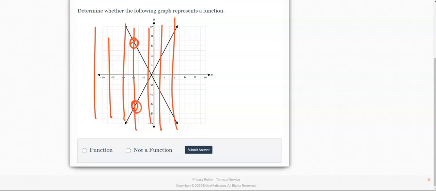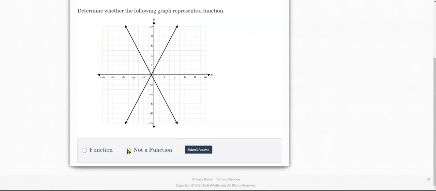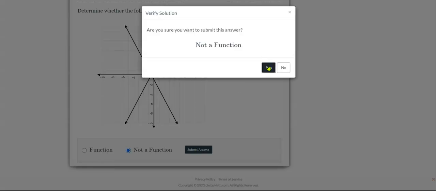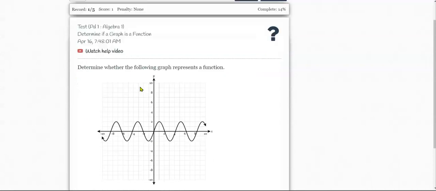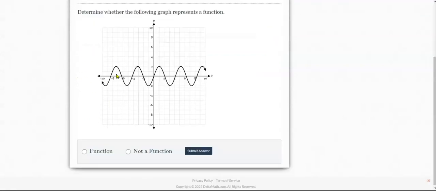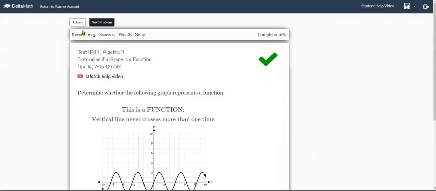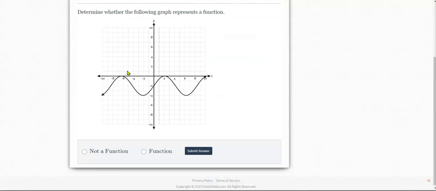You fail the vertical line test. This is not a function. Again, vertical line test, scanning, scanning, scanning. I never touch it in more than one place. That is a function. Scanning again, I never touch it in more than one place. That is a function.